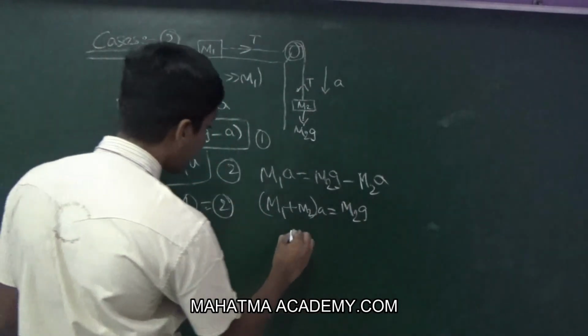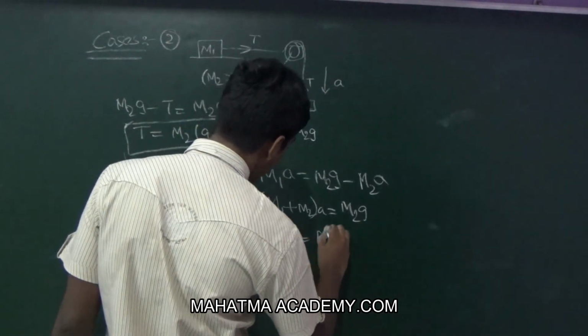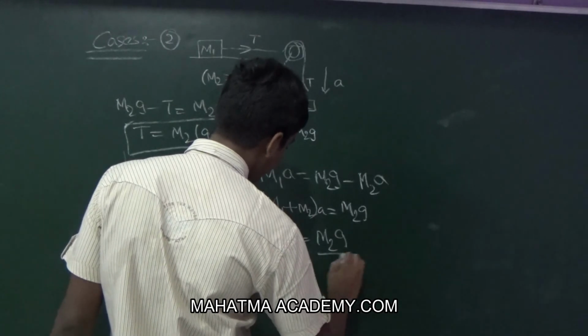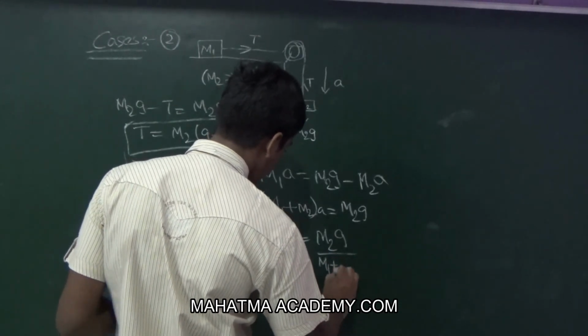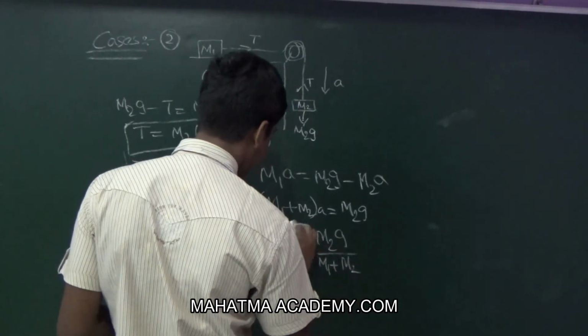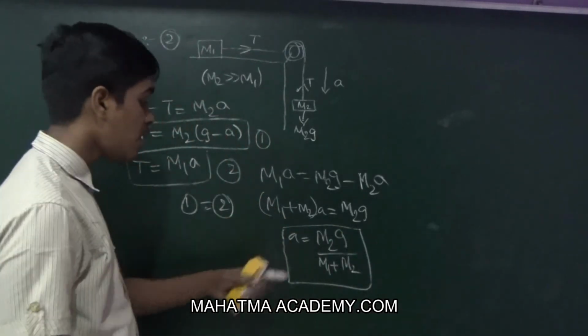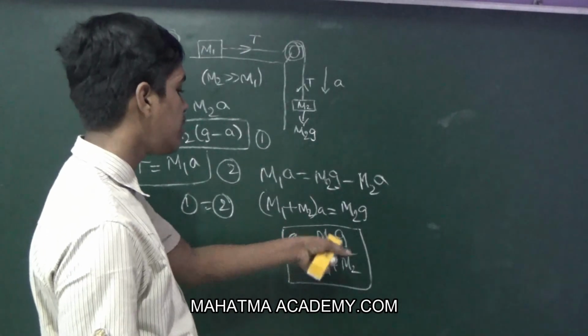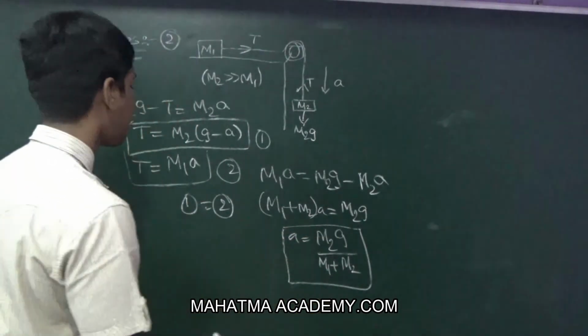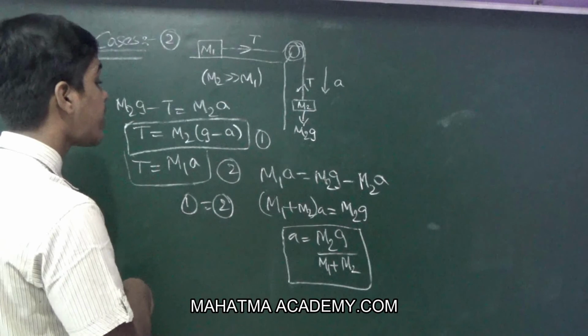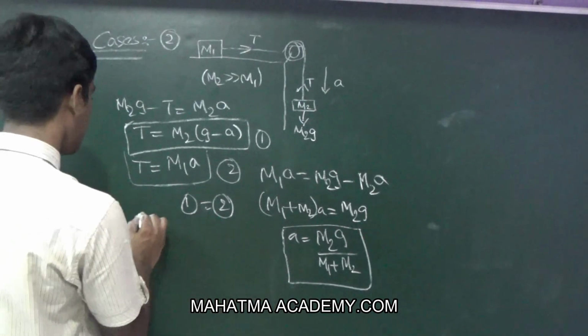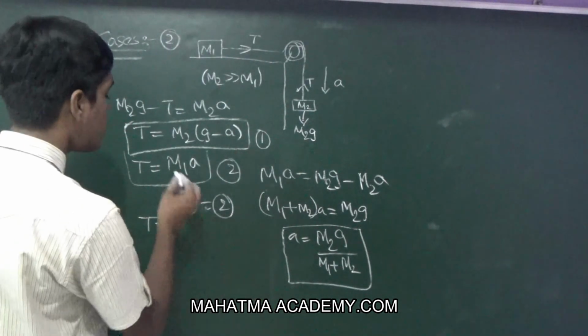You will get the acceleration as m2g upon m1 plus m2. Now the tension is easy because T is equal to m1 into a.